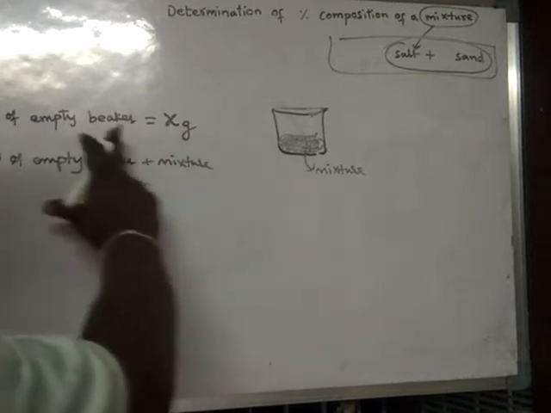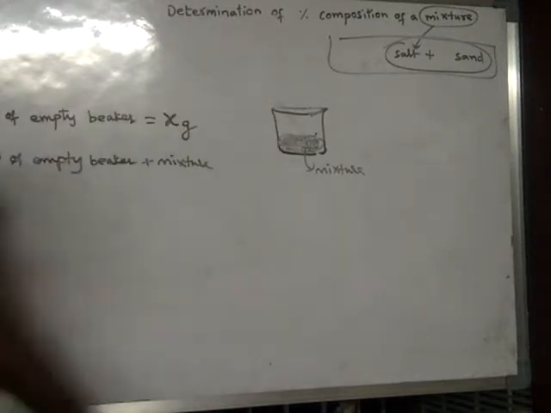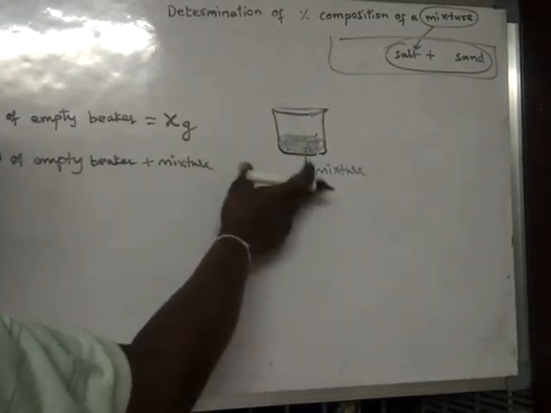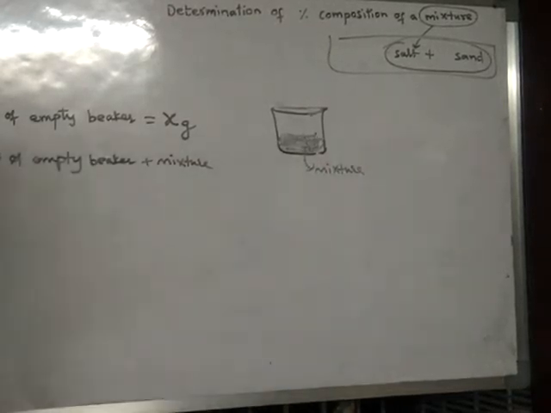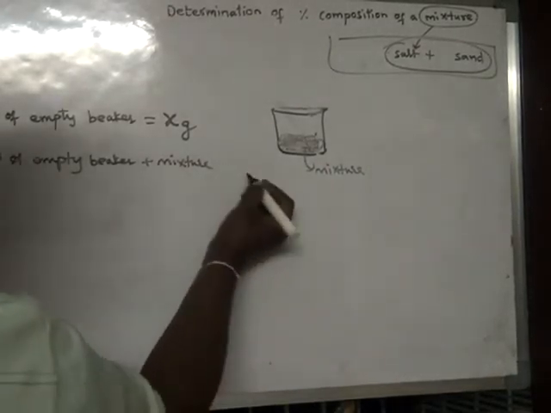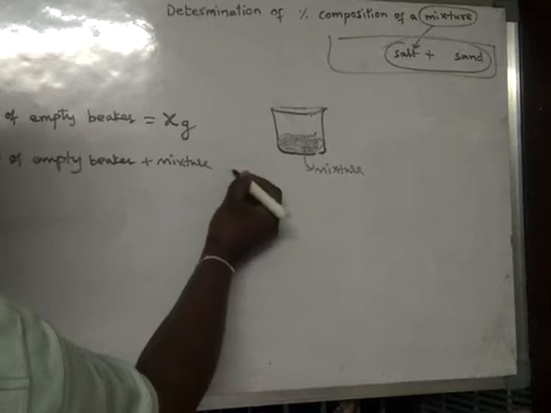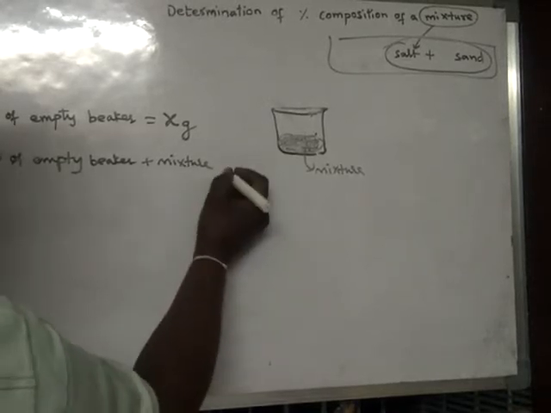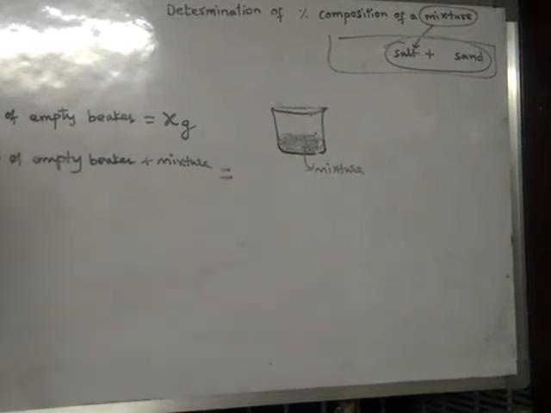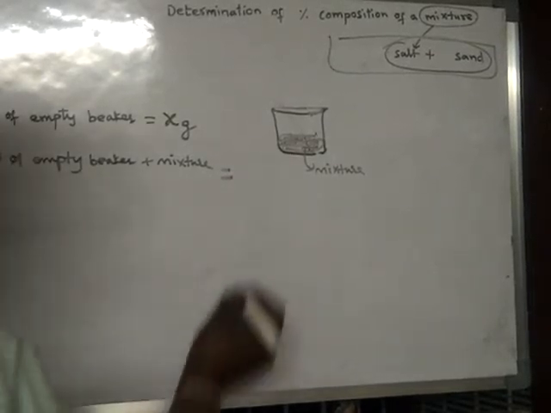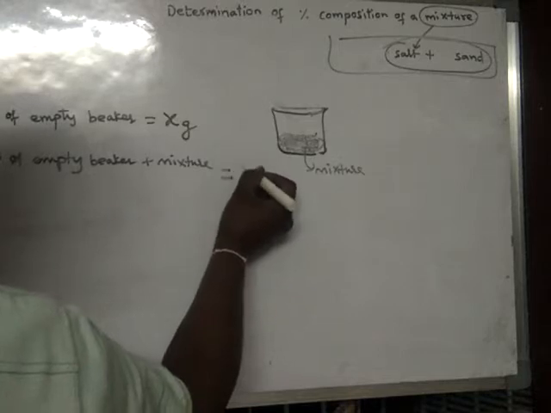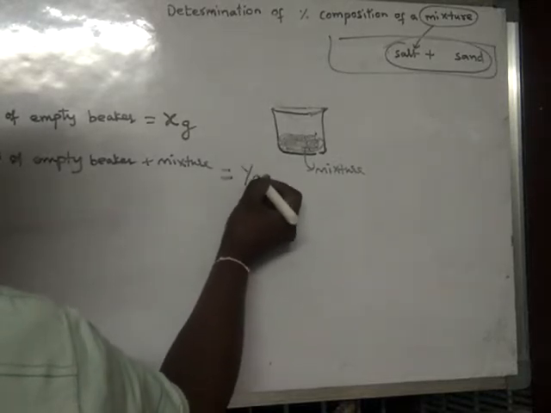Initially we saw the weight of this beaker as x grams. Now, after reweighing, let the mass of the empty beaker plus mixture be y grams.